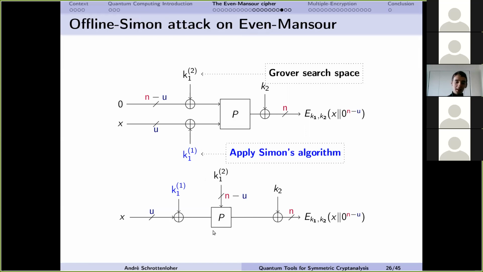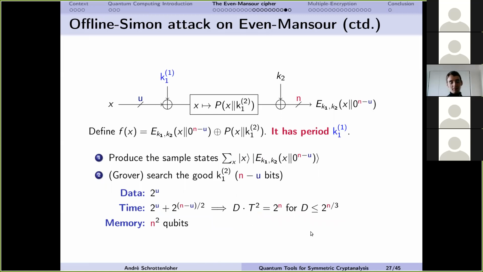So it's as if we had a keyed function here in the middle. And now there is a key K1 that is smaller, and an actual input that is smaller. So we can create the whole codebook of this, and we can guess the internal key K1. So there is an attack on this now.